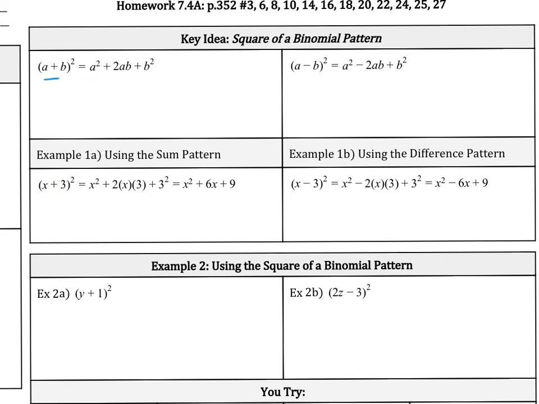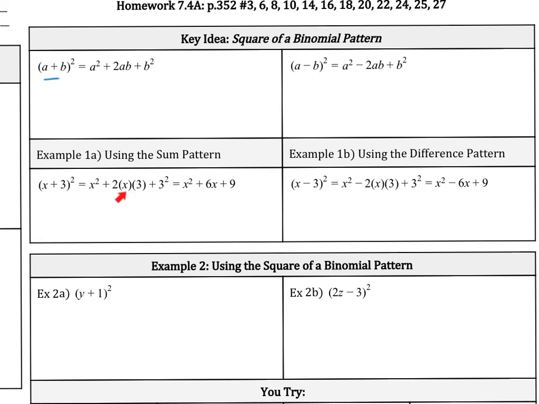A square means x square, plus 2ab, which is 2 times x times 3, plus b square, which is plus 3 square.